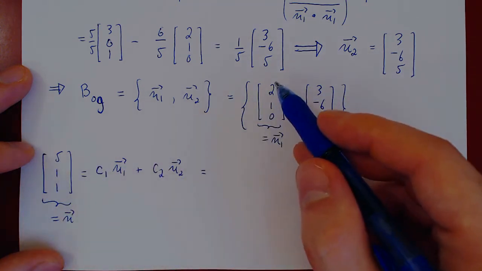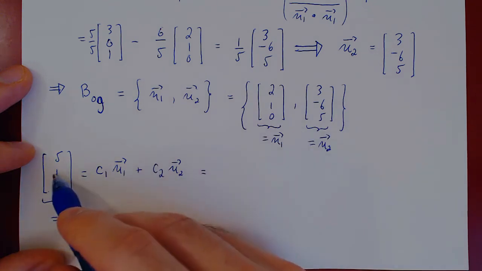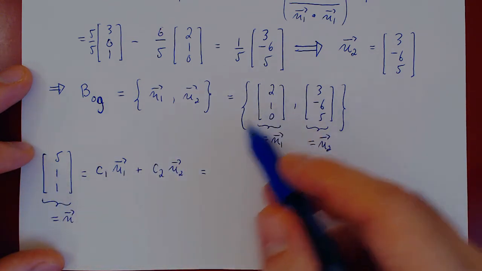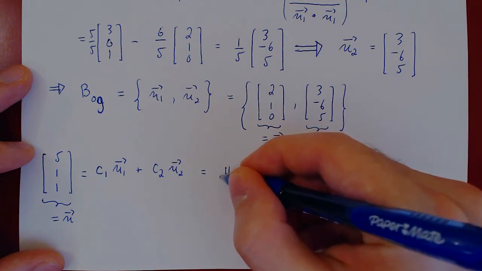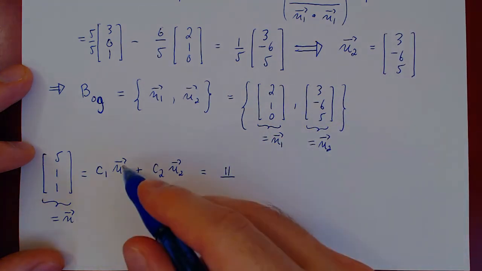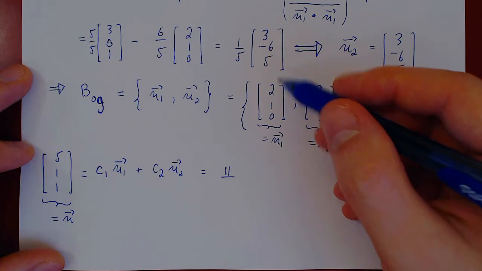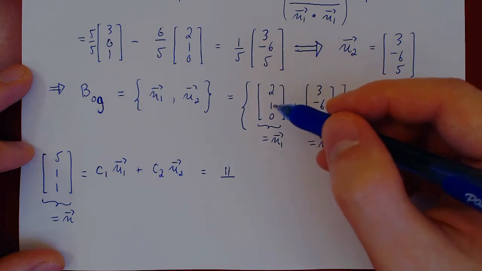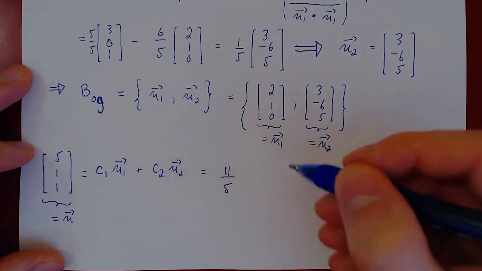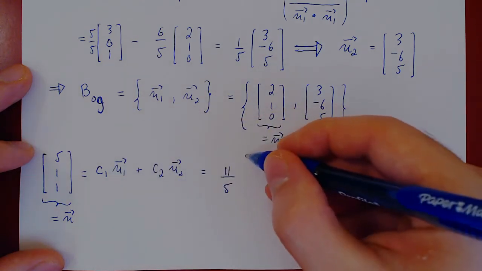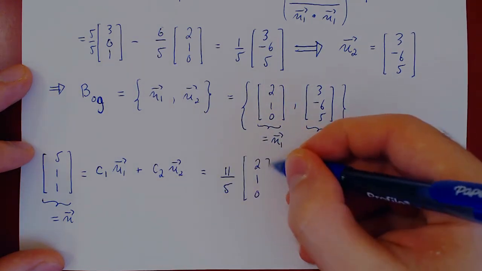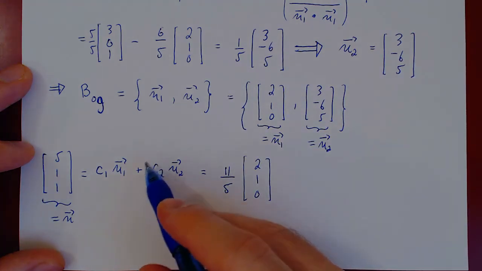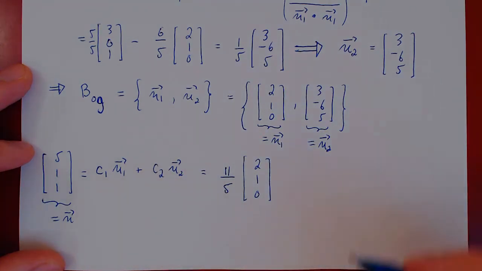So 5 times 2, 10, plus 1 times 1, 11, plus 0. So we get 11 over u1 dot u1. If you dot u1 with u1, you get 4 plus 1, 5. So you get 11 over 5 times u1, which is (2, 1, 0). Now plus C2 times u2.